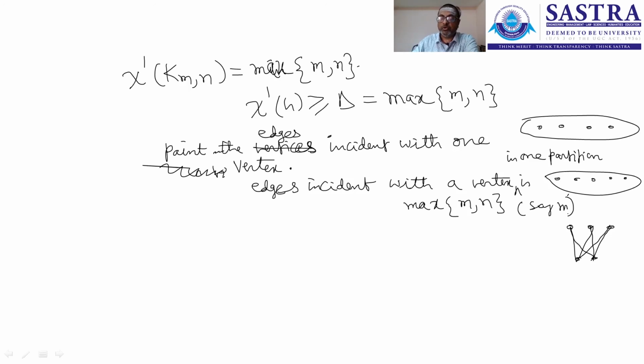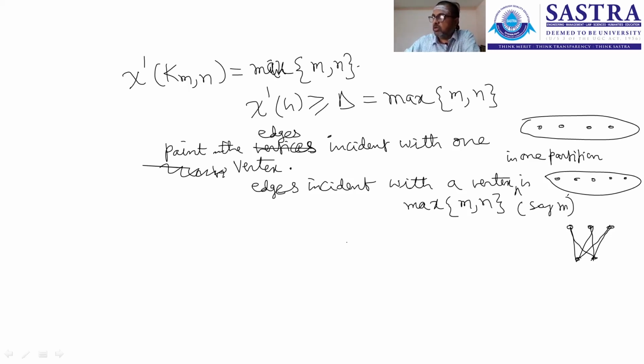Okay, so now what happens here is that I have to give an m coloring. Each color class will have like this. Let me write it like this to be more appropriate.